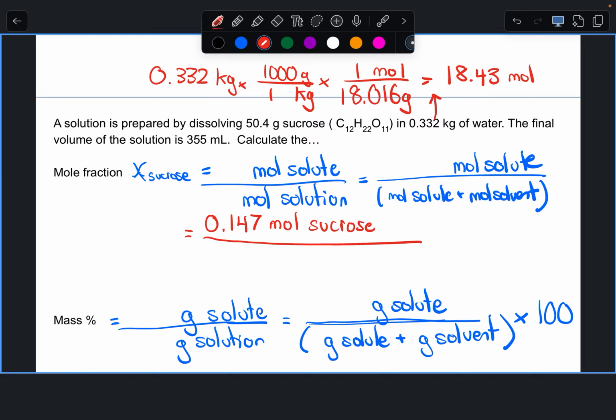So 0.147 moles of sucrose on top, on bottom 0.147 moles of the sucrose plus the 18.43 moles of the water. Okay, I'm just going to double check that because I didn't remember that from my last class. So let me just make sure. No, that looks right. Okay.